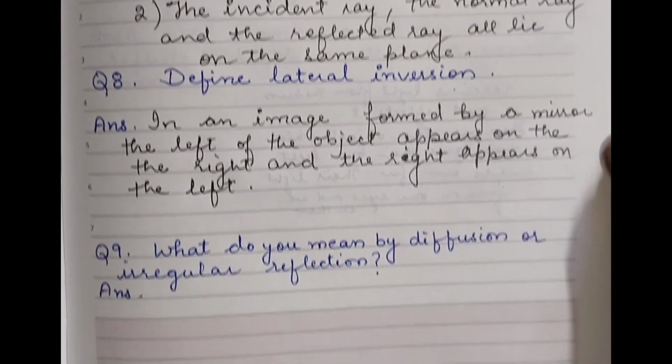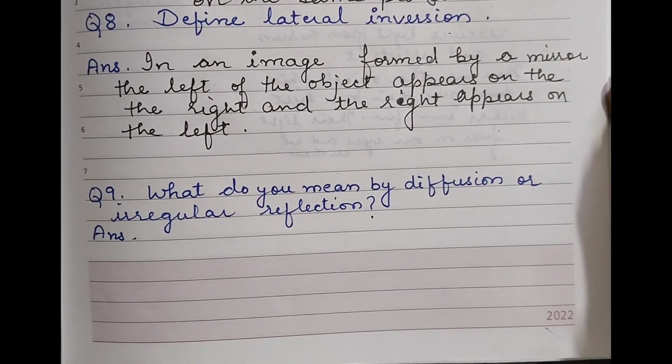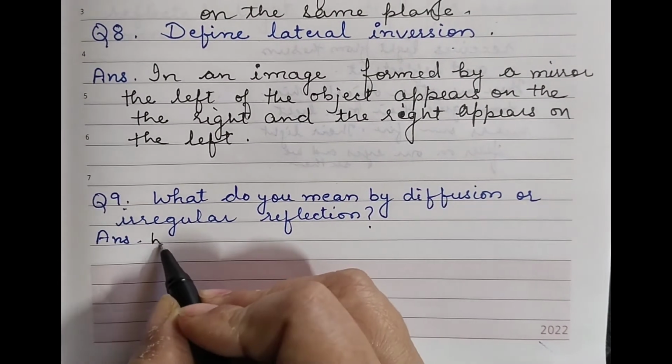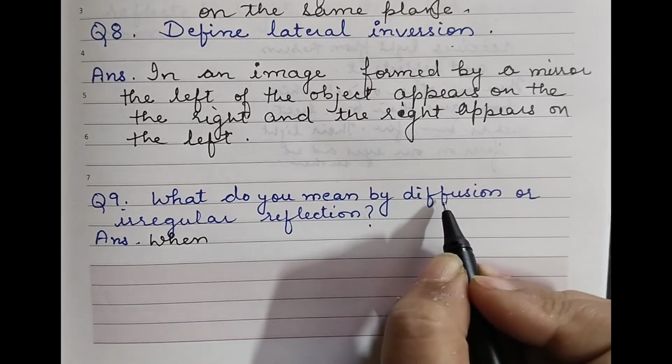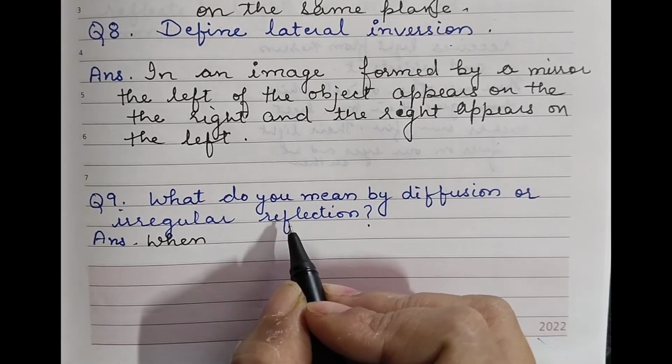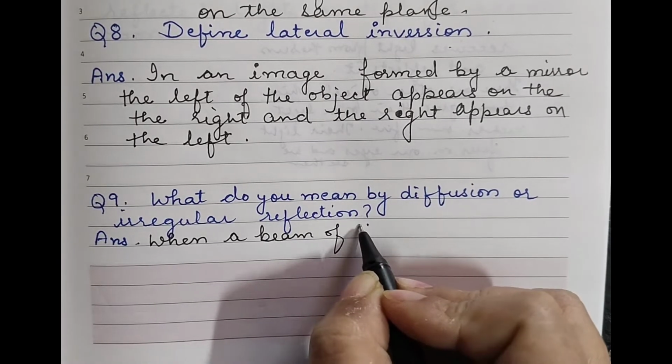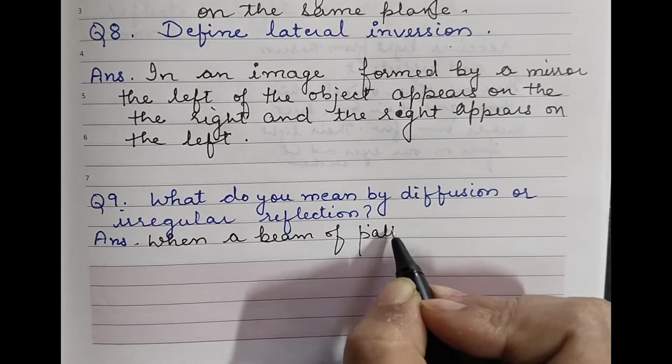Now next question is, what do you mean by diffusion or irregular reflection? So what is diffusion or irregular reflection?